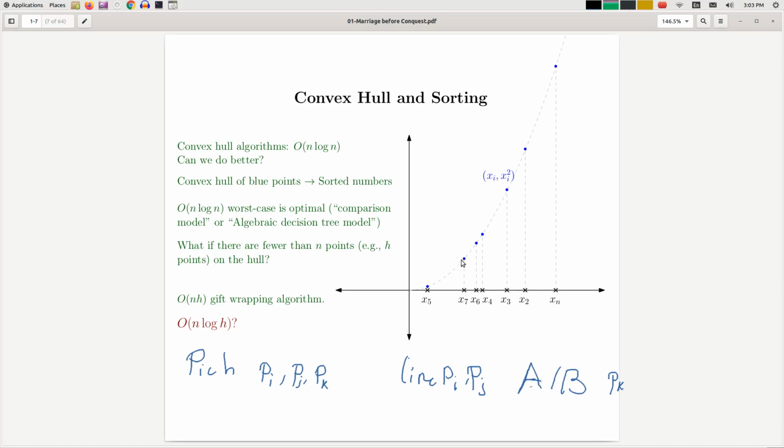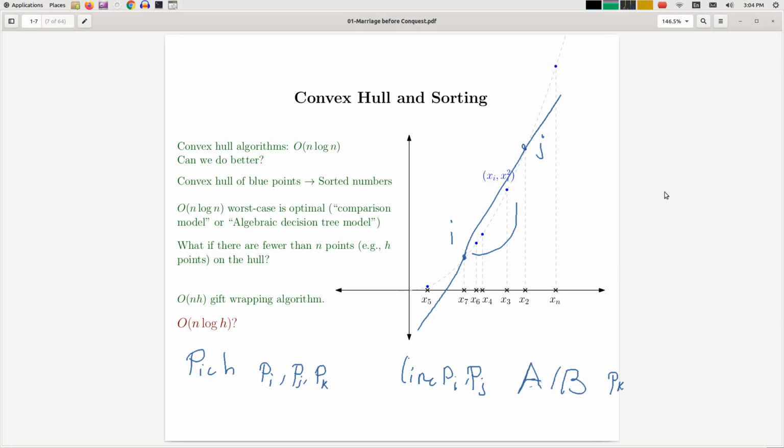Because when you pick a point PI, so let's say this is point I, and this is point J, in this reduction, which points pass below the line through PI and PJ? Only points whose x coordinate lies between point I and J. All the other points are above this line.